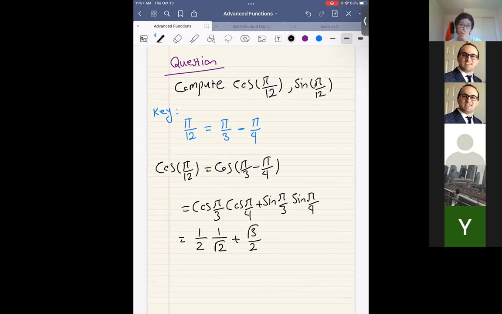Times sine of pi over 4, also 1 over root 2. So this is equal to 1 over 2 root 2 plus root 3 over 2 root 2.